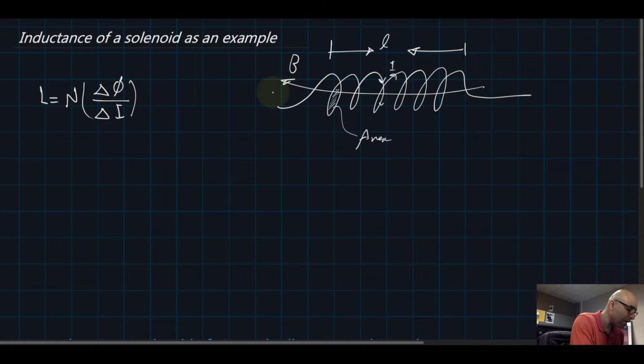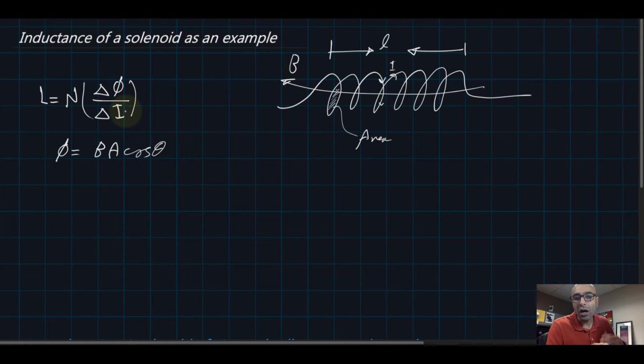Now if we want to look at things in general, we know that phi is simply equal to BA cosine theta, and that's the magnetic flux. Assume the current at the beginning is equal to 0 and at the end is equal to I, which is its maximum value. Let's look at the magnetic field.